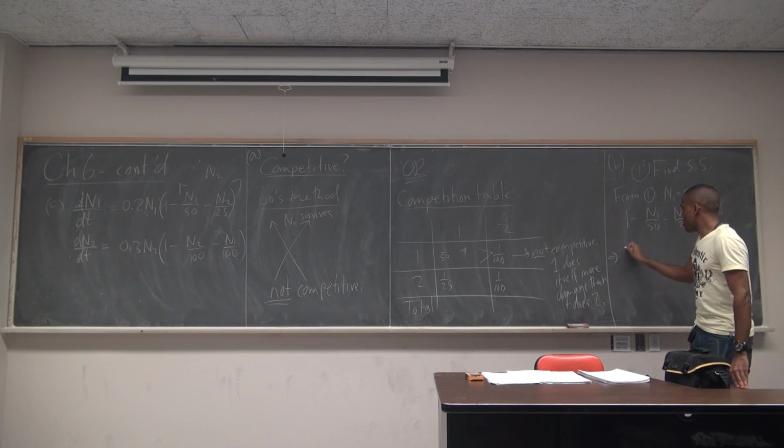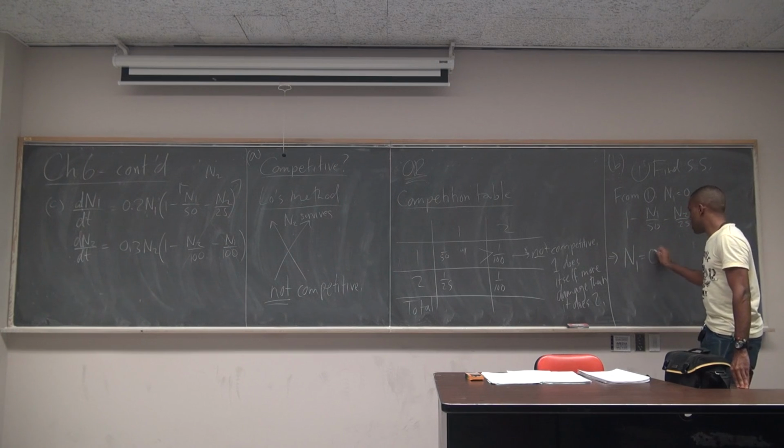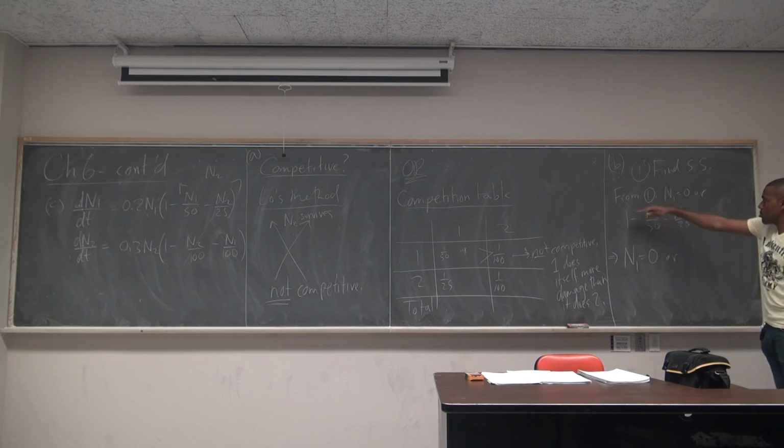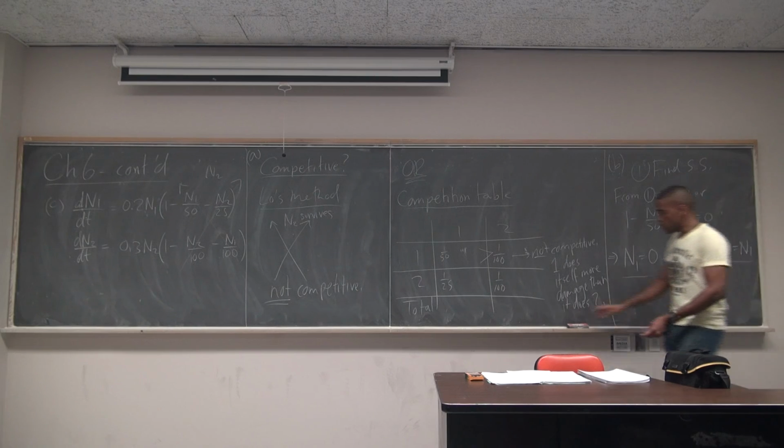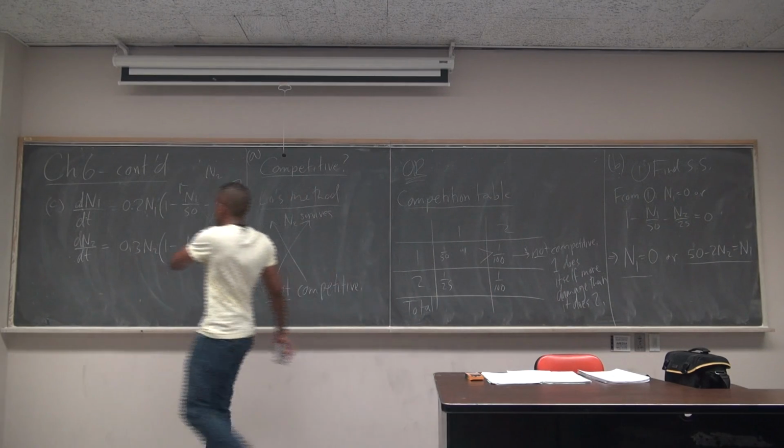So this means we have two situations: N1 equal to 0, or I can multiply through by 50 and get N1 equals 50 minus 2N2. Either N1 is 0 or N1 is this, and I deal with one at a time, plugging into equation 2.